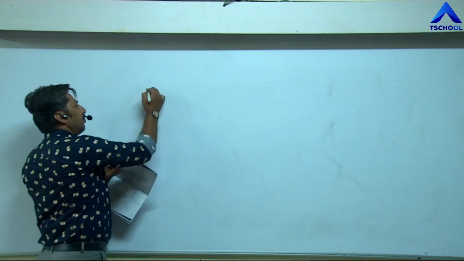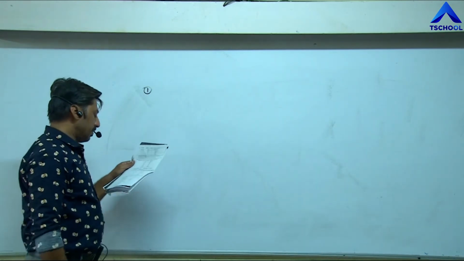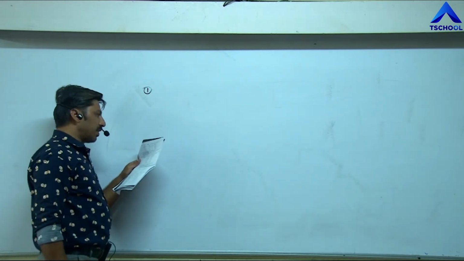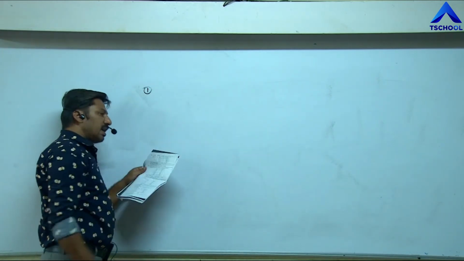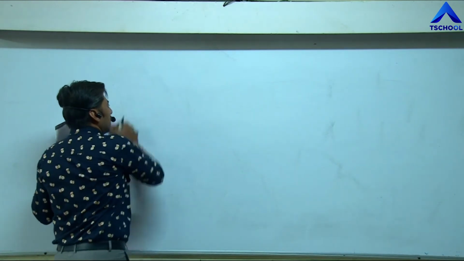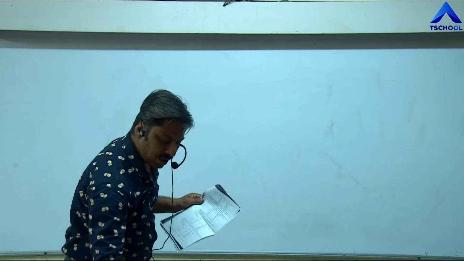So the first step is we have to find out capital employed. Second one is capitalized profit. For capitalized profit we need average profit, and in this question we have to calculate average profit according to the weighted average profit method.